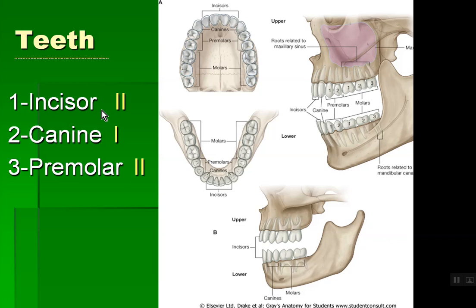The incisor number in both upper and lower jaw is 2 in each half jaw. So on each side, in a half jaw, we have 2 incisor teeth here. And the premolars are also 2 in each half jaw, in the upper and lower jaw.